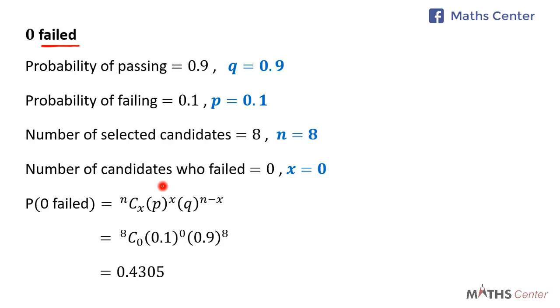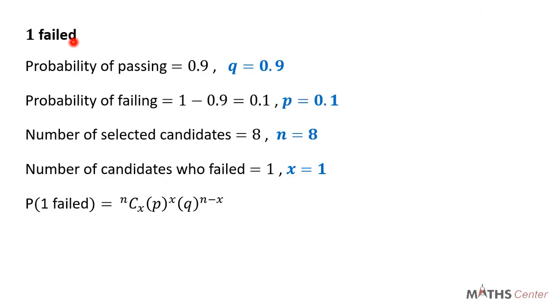Let's consider the second case, which is one candidate failed. If one candidate failed, then the number of candidates who failed will be 1. So our x is 1. Failing is our success, so p is equal to 0.1. Passing is failure, so q is equal to 0.9. And the number of candidates that were selected is 8, so n is equal to 8.